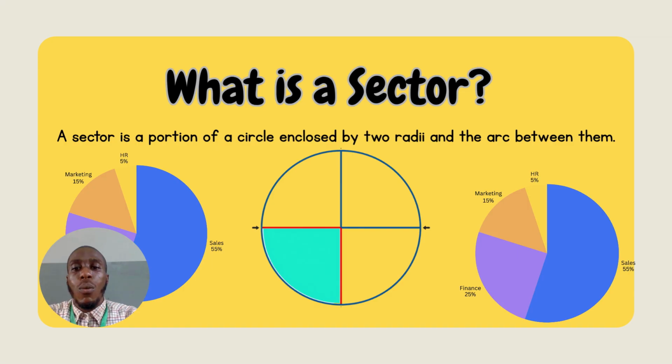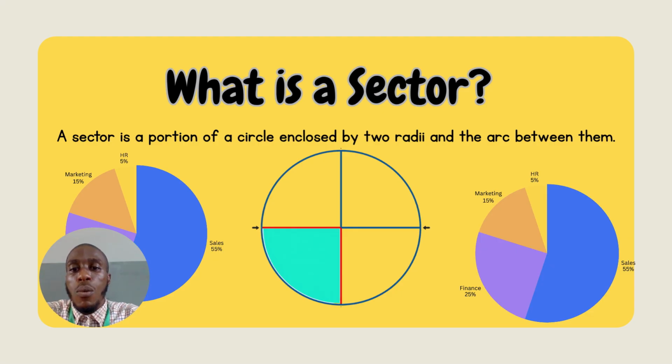Okay, so what is a sector? How can we define a sector? A sector is a portion of a circle enclosed by two radii and the arc between them. Radii is the plural form of radius. A sector must be composed of two radii and the arc in order to perfectly form a sector.